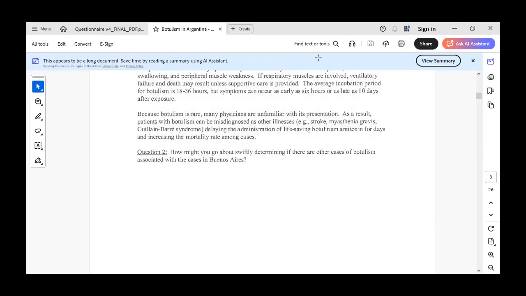Don't forget the private doctors. So you contact your local physicians, including your neurologists, to see if there's anybody presenting with symptoms and signs suggestive of botulism. Anywhere else that you can identify cases, as you're hurriedly trying to identify possible cases?